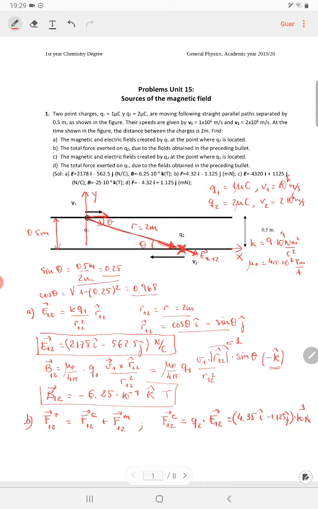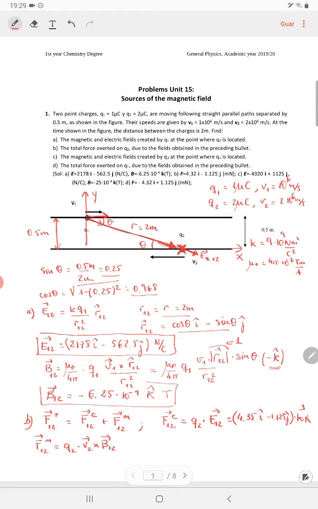Okay, so now for the magnetic force of 1 exerted on the second one, this has to be equal to the charge of the second one times the velocity of the second one, the cross product with the magnetic field generated by the first one where the second one is.